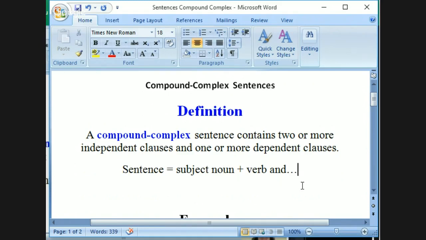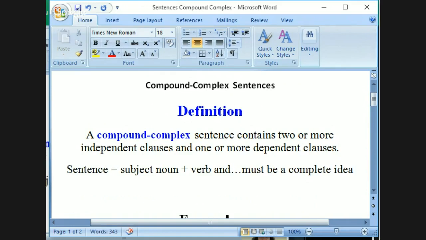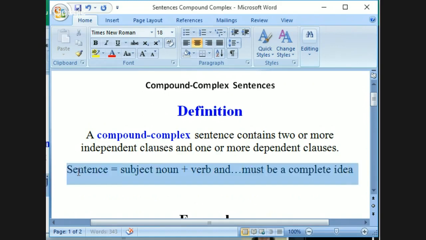What else? Can you guess? Well, not a verb. It must be a complete idea. In and of itself, it must make sense by itself.